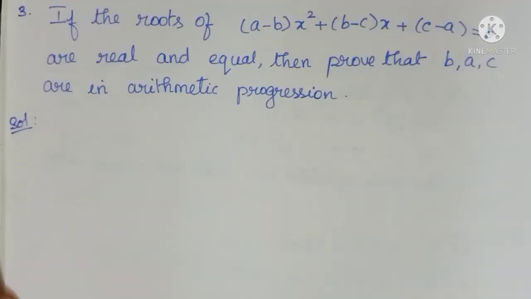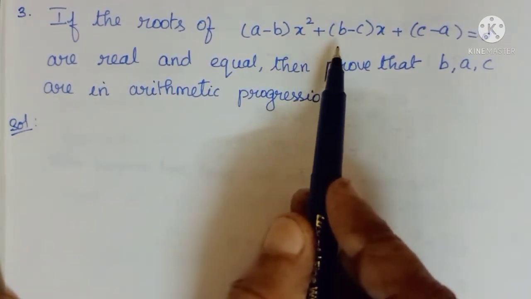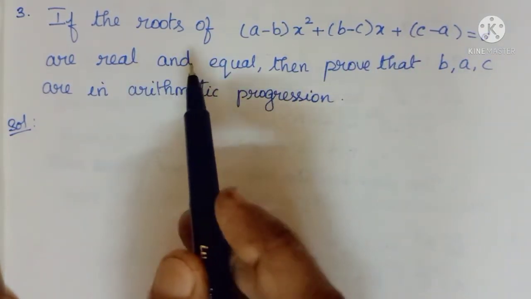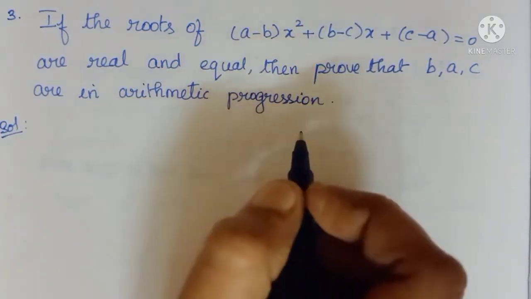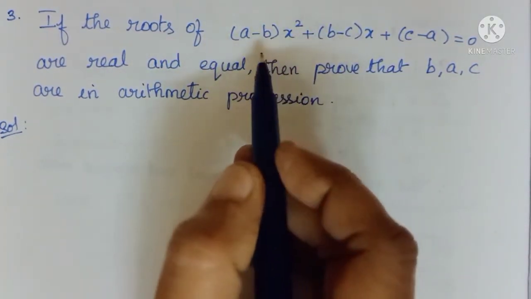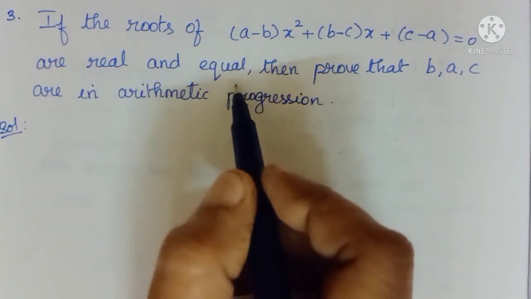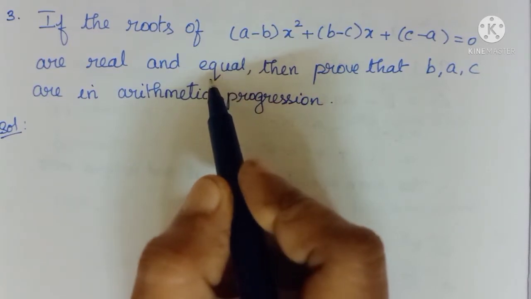Okay. Now see the third sum. If the roots of a minus b into x squared plus b minus c into x plus c minus a equal to 0 are real and equal, then prove that b, a, c are in arithmetic progression. Okay. See the given equations are real and equal. The roots of these given equations are real and equal given. That means discriminant equal to 0.